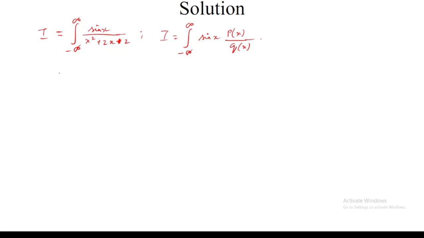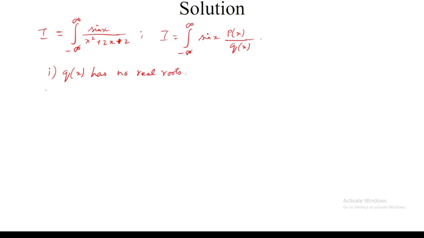Here q of x has no real roots. That is evident from the denominator. For example, the denominator x square plus 2x plus 2 has no real roots if we factorize and find out.